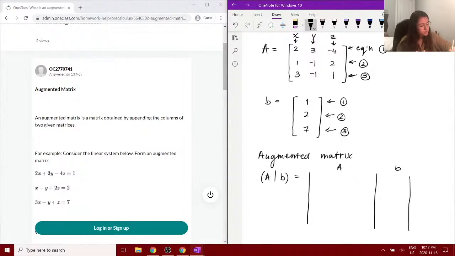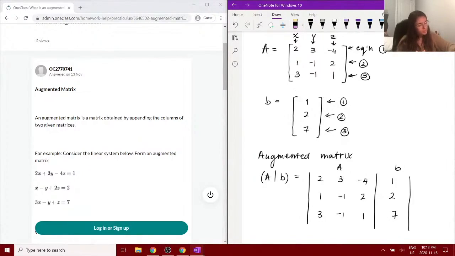Okay, so our first section, we have our 2, 3, -4, 1, -1, 2, 3, -1, and 1. I'm just taking from up here. And so that's all A. For B, remember we said that B was 1, 2, and 7.